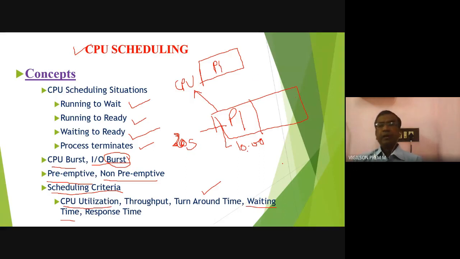Now after 5 seconds, at 10:05, P1 is suspended, that is preempted, for some reason and placed in the queue, running to ready queue. P1 is suspended by the OS and goes to the ready queue. It is waiting for 5 seconds, which becomes 10:10.